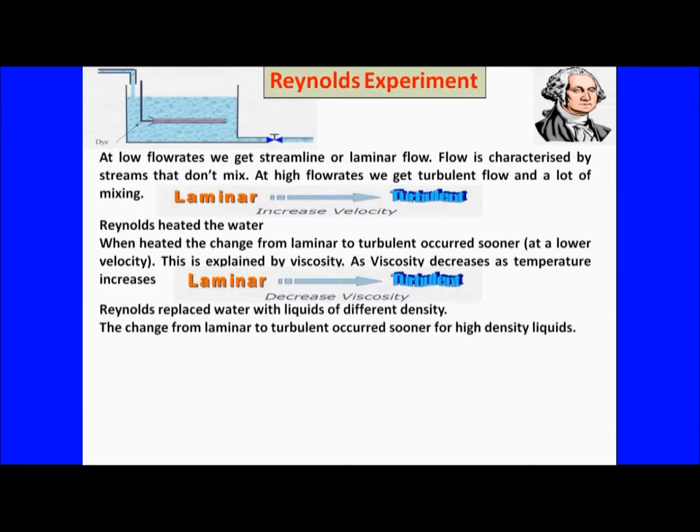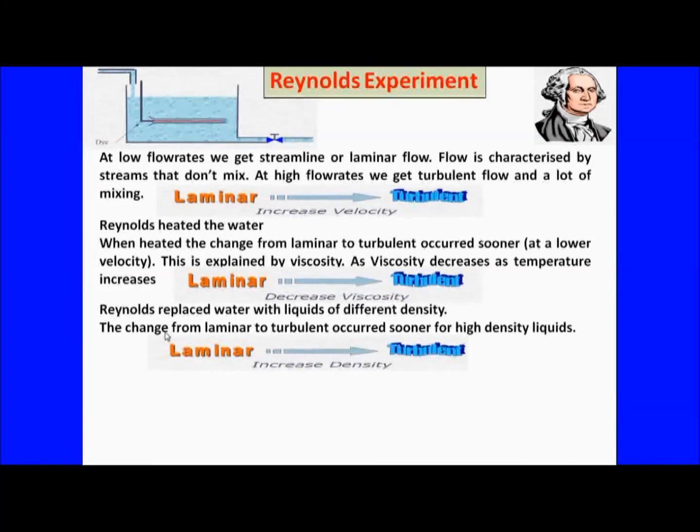The next thing we have observed is that Reynolds replaced the water with liquids of other densities, meaning other liquids, which may be organic liquids or oil and the like. He found that the change from the laminar to the turbulent occurs sooner for a high density liquid.